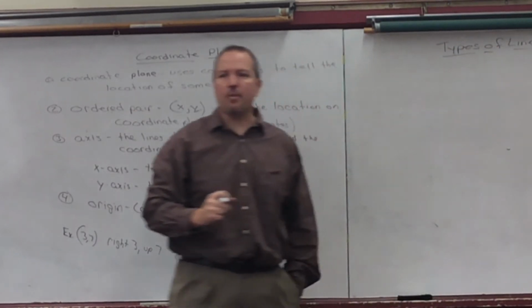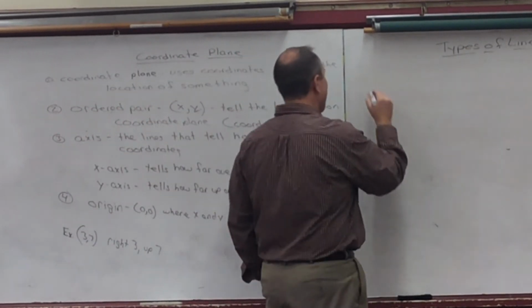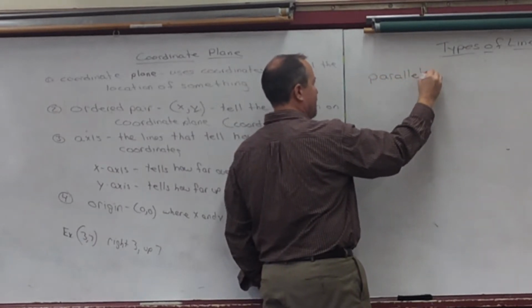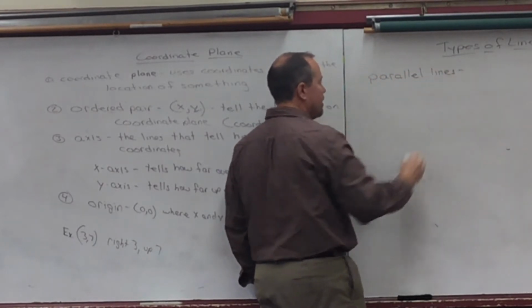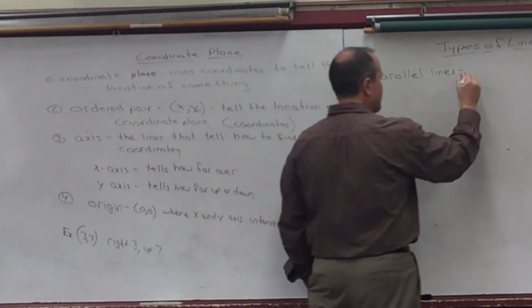There are three types of lines that we're going to need to focus on. The first type are parallel lines. Parallel lines are lines that stay the same distance apart.